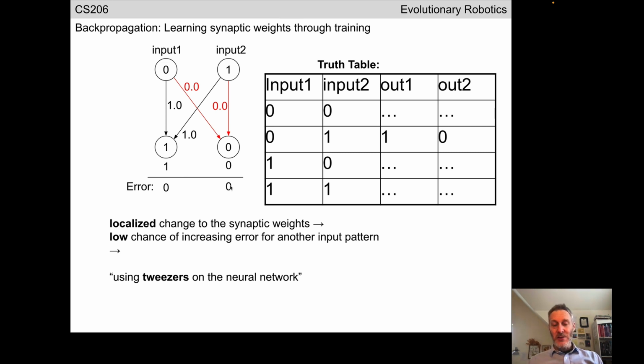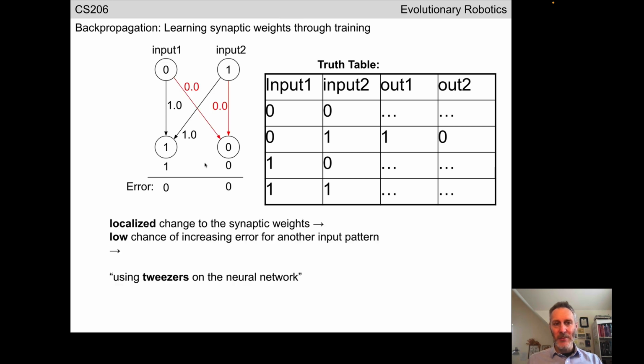This is the basic algorithm that underlies all modern machine learning, and this is how neural networks learn or are trained in order to perform some desired function for us. The assumption, of course, is that we know what the outputs should be.